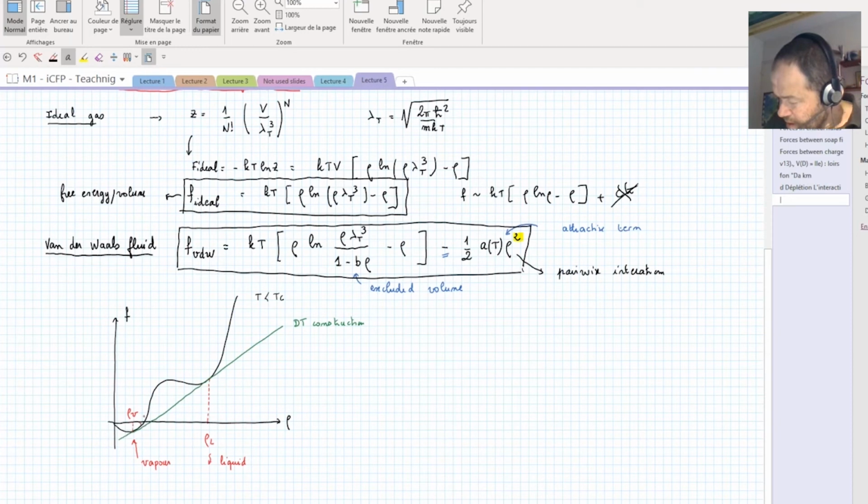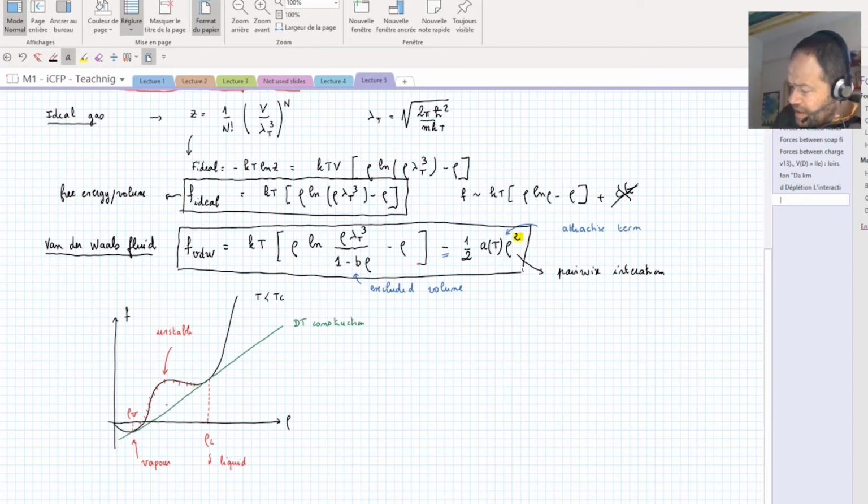And all these densities in between, they are unstable. Okay, I think that you all have seen that before.